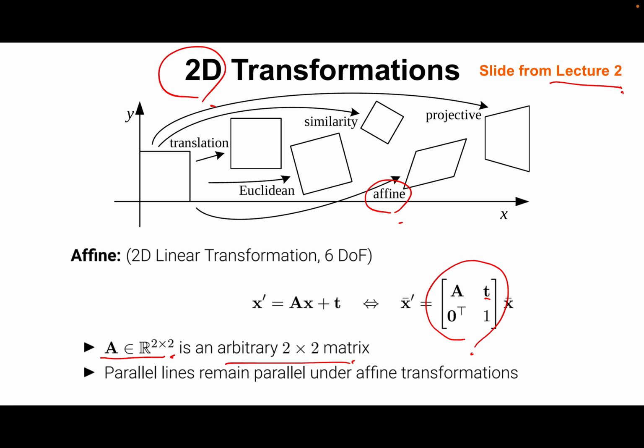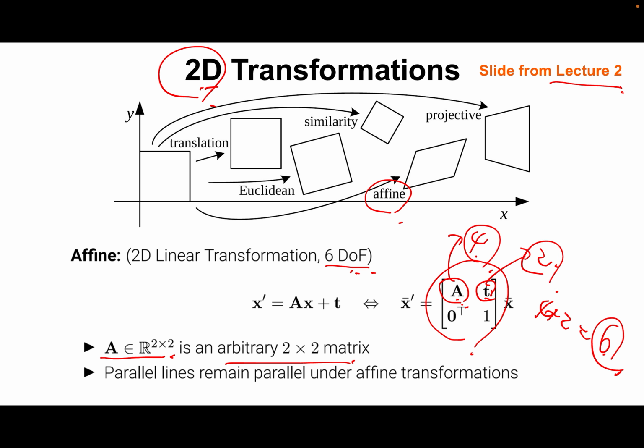In 2D space, we can compute the degrees of freedom of the affine transform matrix. A is an arbitrary 2x2 matrix, so it has 4 degrees of freedom. Translation has 2 degrees of freedom, so combining these, we get 6 degrees of freedom. That is the affine transformation matrix in 2D space.